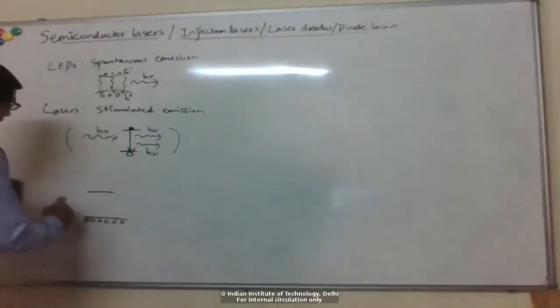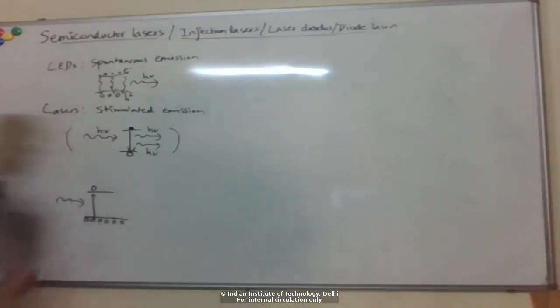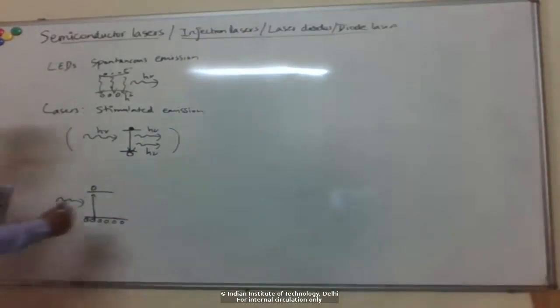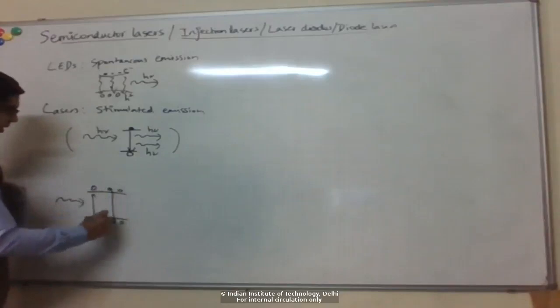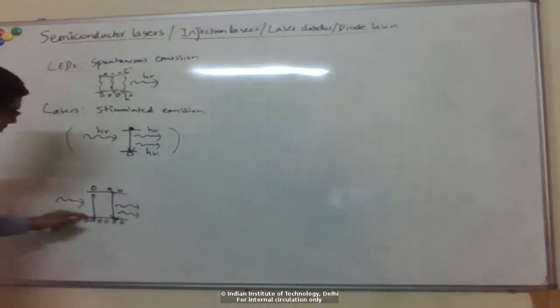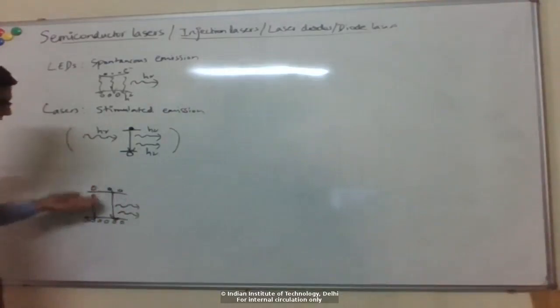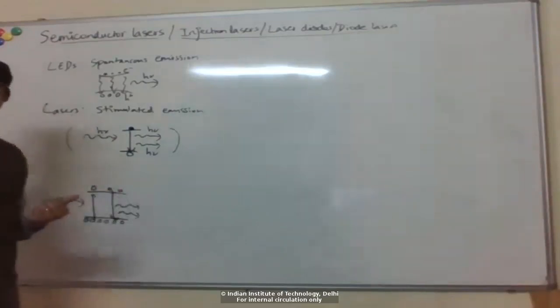So if you have an incident photon, the probability that it will be absorbed to excite an atom to the excited state is much higher than the probability that, if you have some few atoms here, it will stimulate an atom down and emit, right? So the probability of absorption will go as the number of atoms in the ground state, and the probability of emission will go as the number of atoms in the excited state.